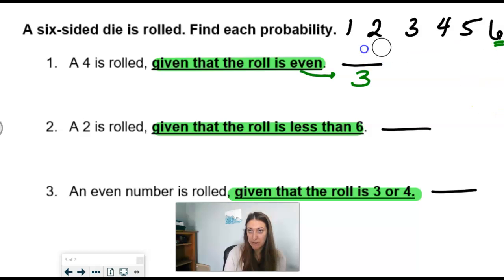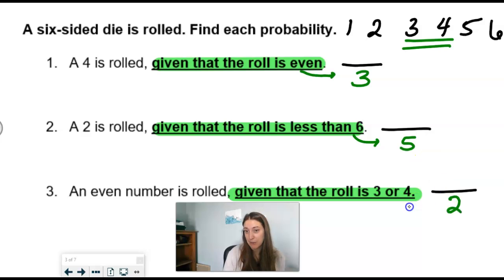The probability that you're going to roll something less than 6. So a 1, a 2, a 3, a 4, a 5. So that's 5 different possible outcomes. And then this third example has the given that you're going to roll a 3 or a 4. So somehow they know you're going to roll one of these 2 possible outcomes.